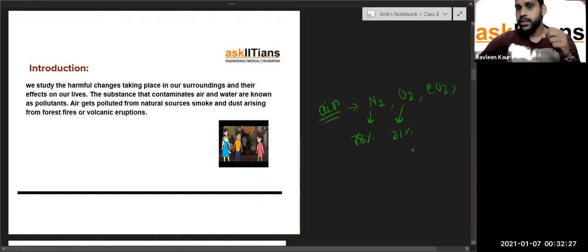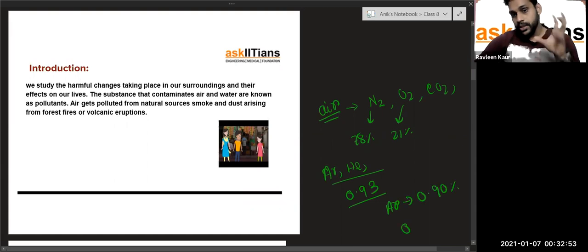We have the other gases, like argon and helium, which we have read about already. These gases are there in 0.93%. Among them only argon is 0.90%, and all the other gases together make up 0.03%.